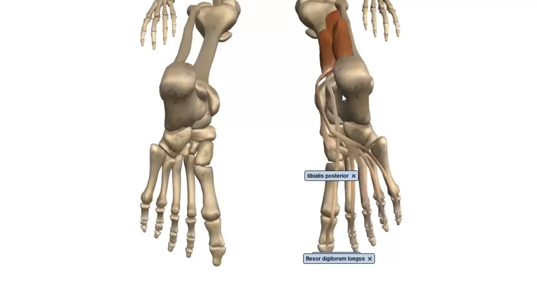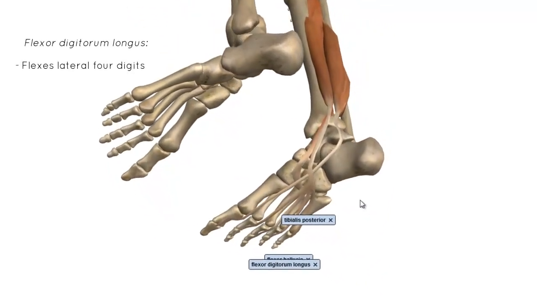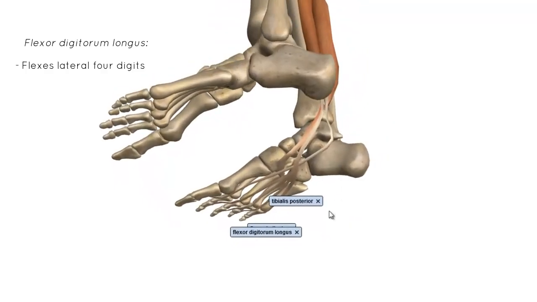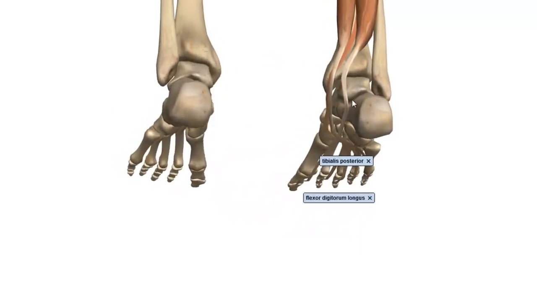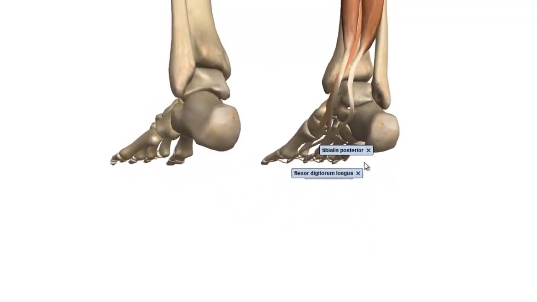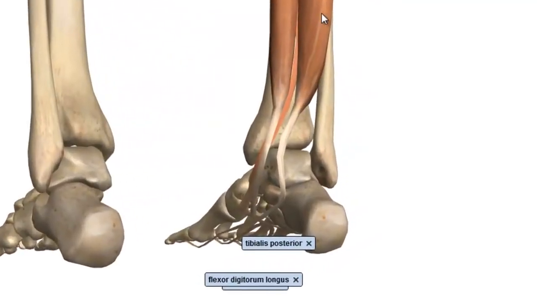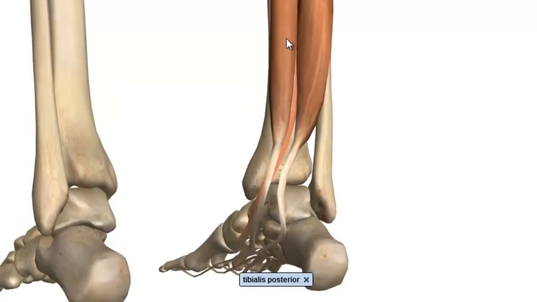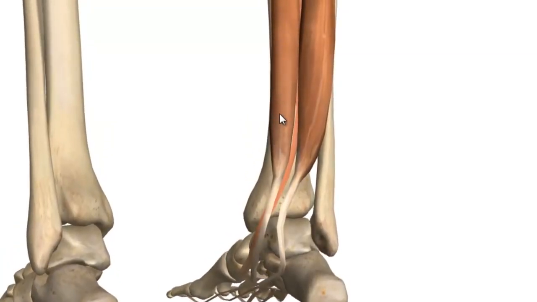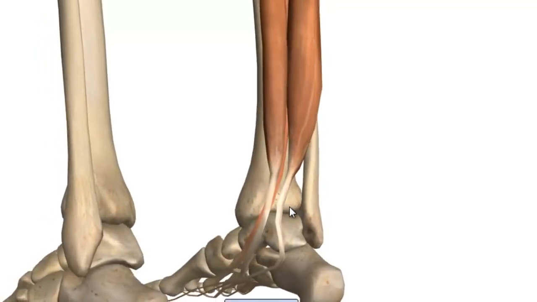So what this muscle does is it obviously flexes the digits. So just taking another look at these tendons as they pass behind the distal tibia and the tarsal bones. So you've got the flexor hallucis longus passing behind a groove in the talus bone, and then underneath this shelf of bone, the sustentaculum talus on the calcaneus, and you've got the flexor digitorum longus, which passes behind a shallow groove in the medial malleolus.